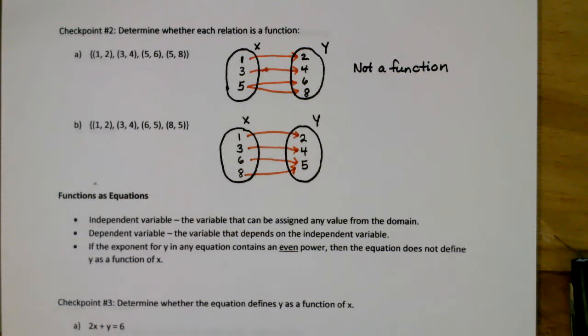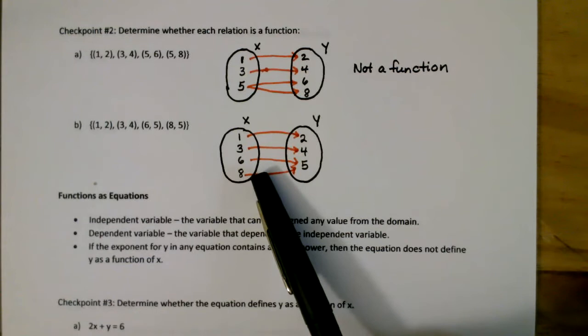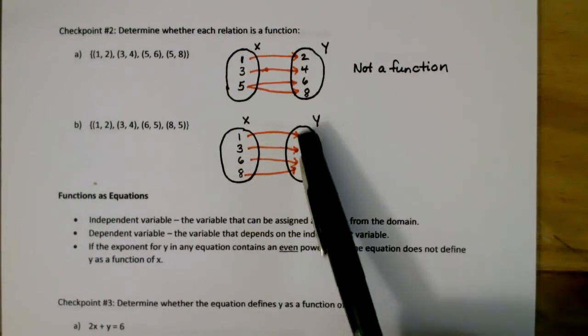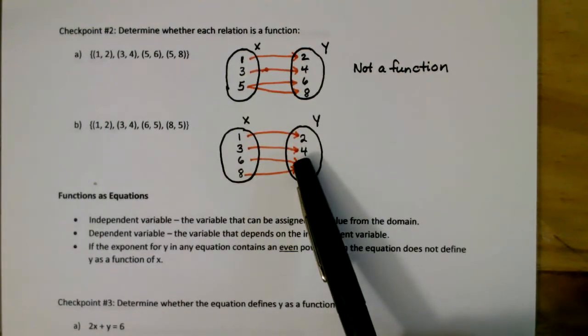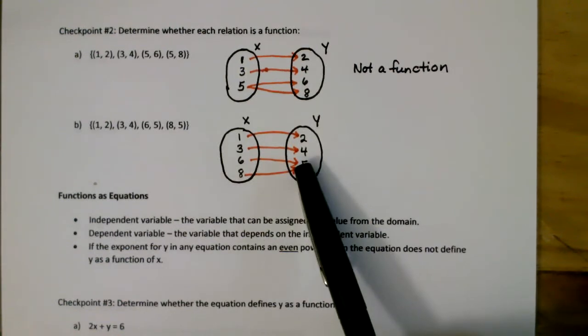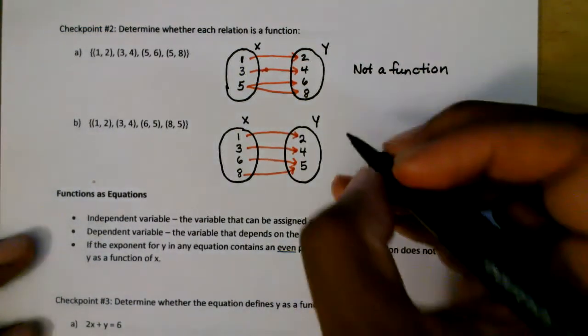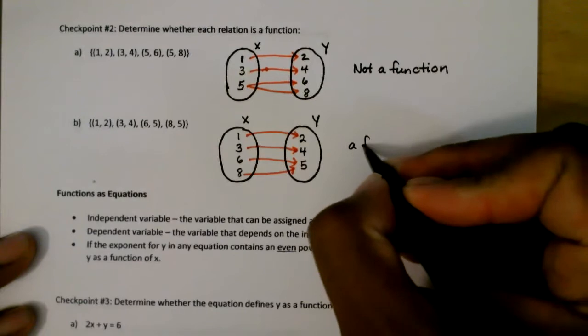Now, in this case, you only got one x value going to only one y value. Like I stated earlier, it was possible for two different first components, or two different x's, going to the same y value. It's still a function. Okay, so this is a function.